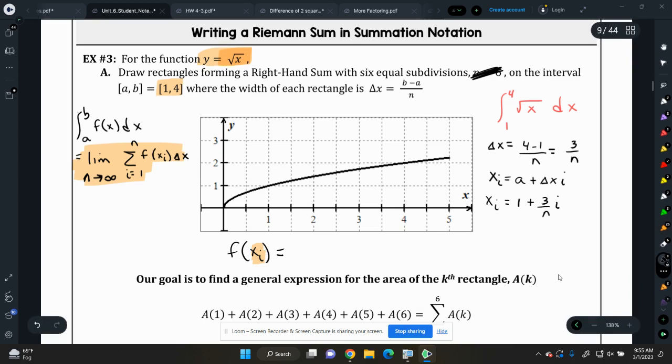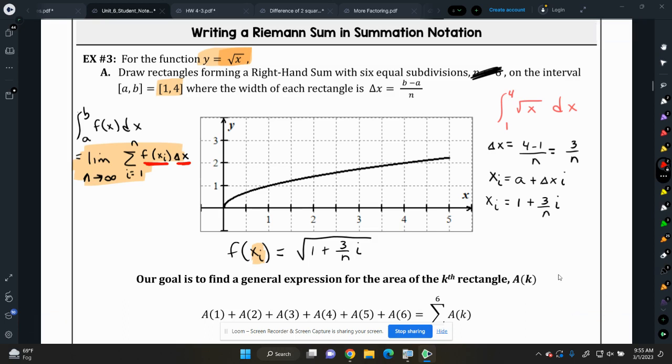So f of x sub i is going to be the square root of, instead of x, the square root of 1 plus 3 over n i. So I have my f of x sub i and I have my delta x. Now I can write it in the summation form.